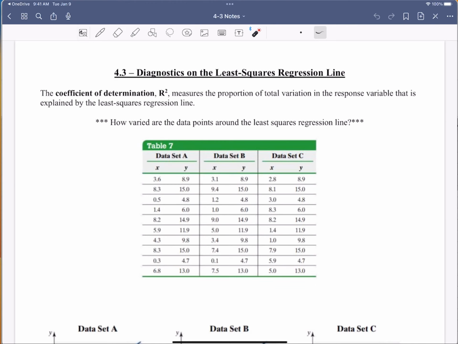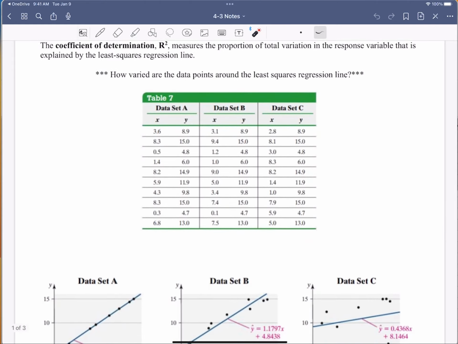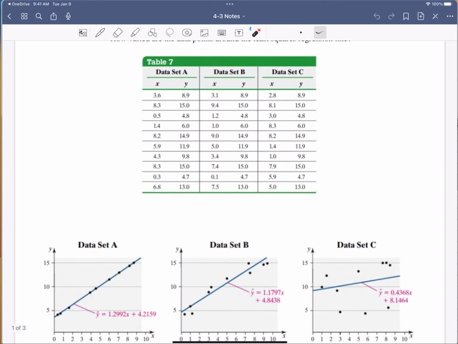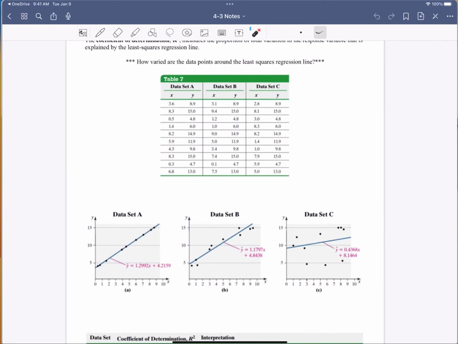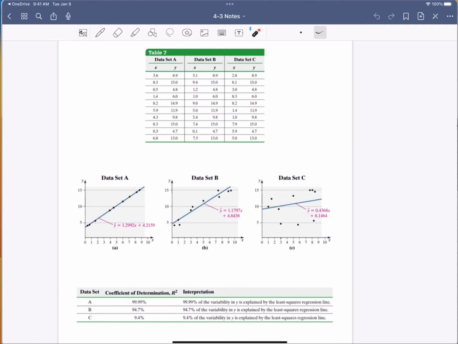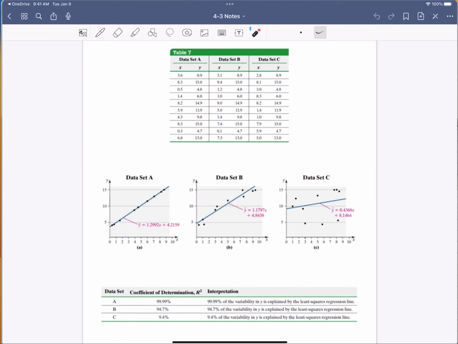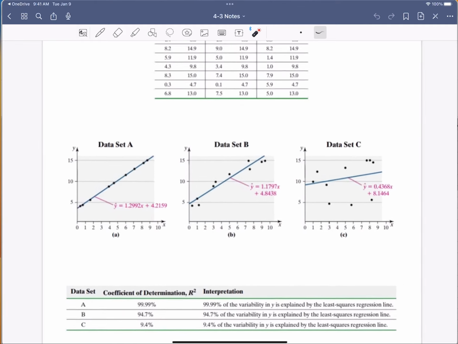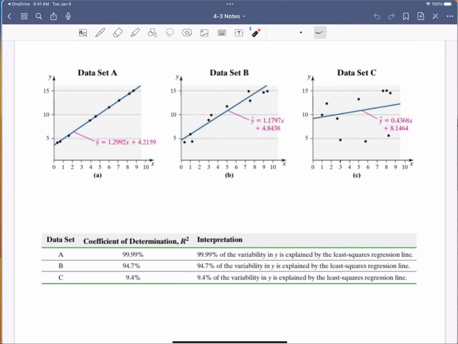Okay, so here are some data values. Set A, B, and C. I'm going to make these smaller so that you can see all this information. Oh, well, nobody can see that. So there's my data values, and then I'm going to pull it up just a little bit like this.